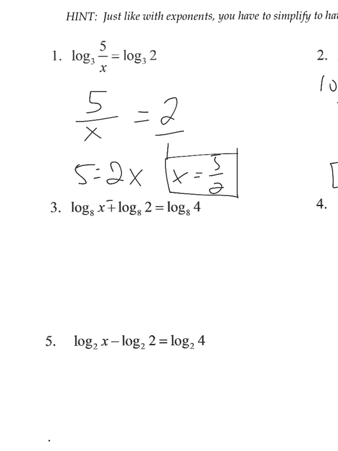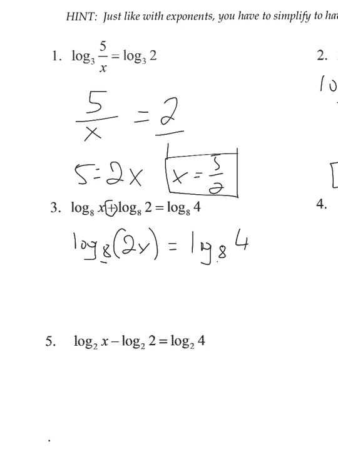Addition. Think about addition. How can I condense it? Addition becomes multiplication. So I can rewrite it this way. Log base 8, you can say x times 2, I prefer 2x. 2x is equal to log base 8 of 4.